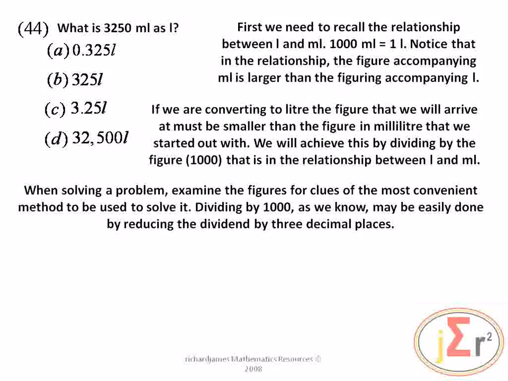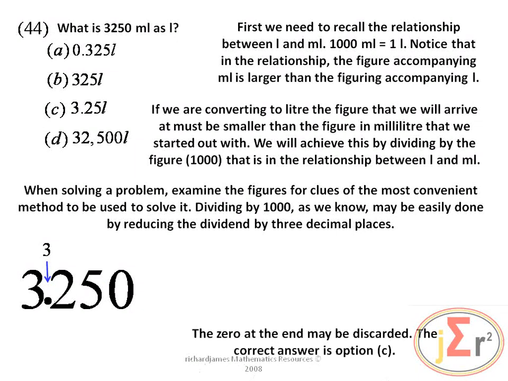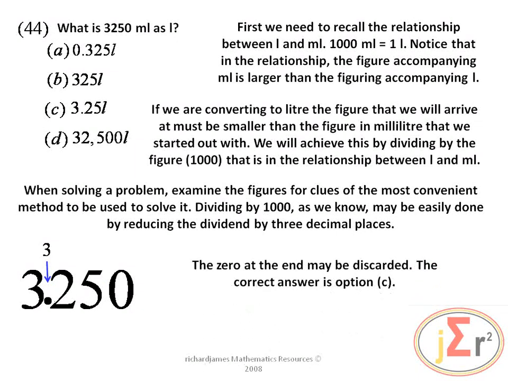Dividing by 1000, as we know, may be easily done by reducing the dividend by 3 decimal places. The 0 at the end may be discarded. The correct answer is option C.